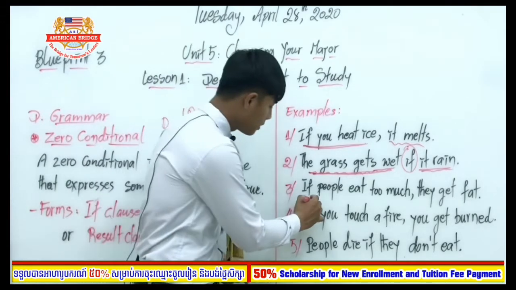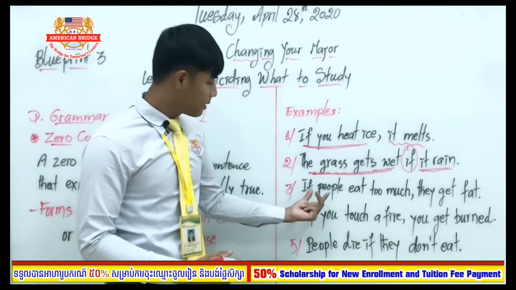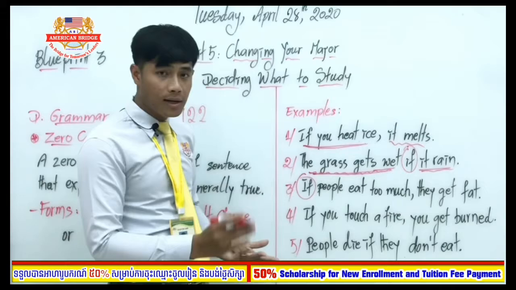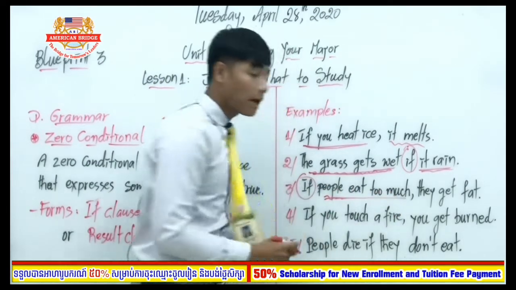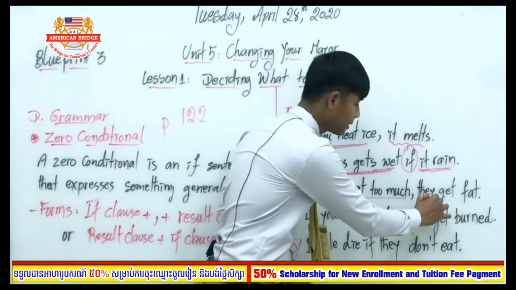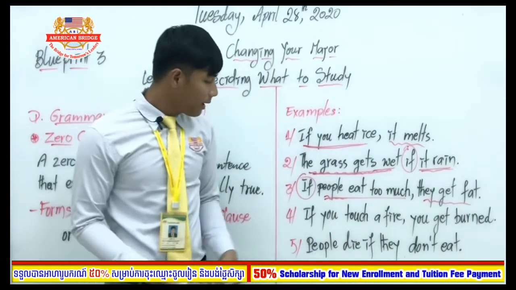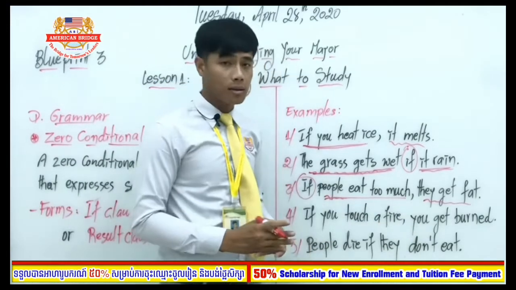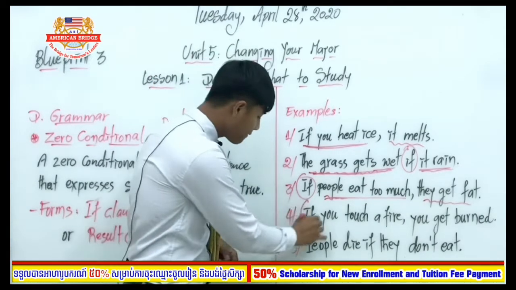Sentence number 3, if people eat too much, they get fat. Look at these two sentences. It has if in front, right? So the one with if in front is the if clause and this one is the result clause. Number 4, if you touch a fire, you get burned. You see if over here, right?